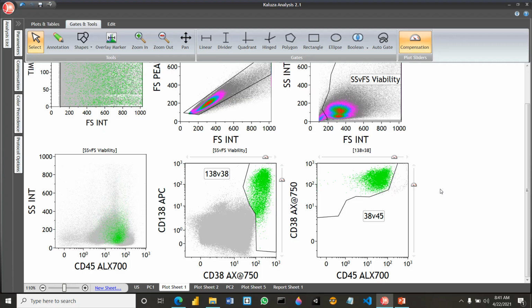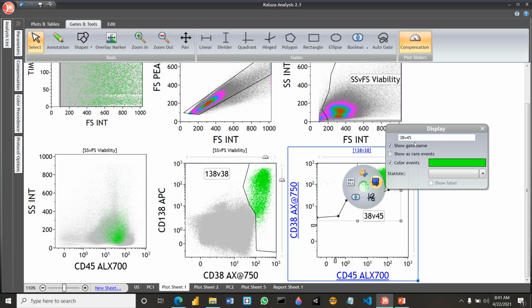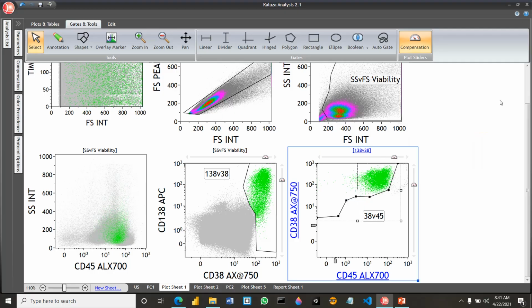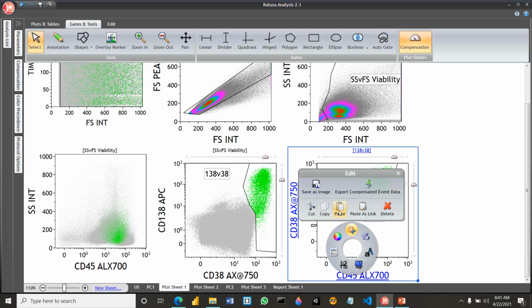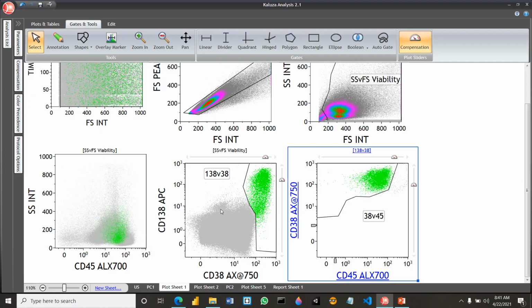Now once we know that these are the plasma cells, then we can label it like this, final CD38 versus CD138. It's a good idea to have these two plots like that, just for the review.